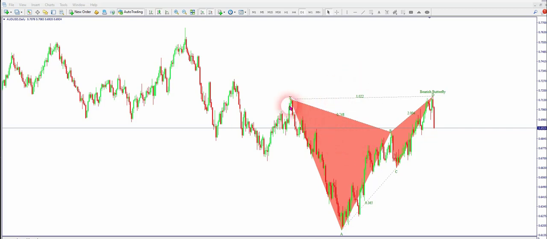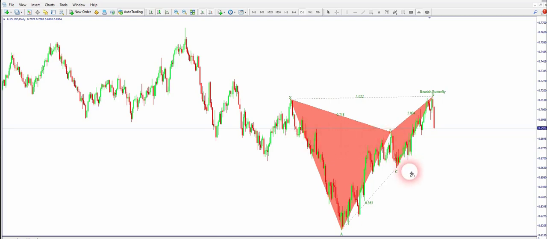Okay, so as you can see, it has made almost a butterfly, but the market sometimes makes a different kind of pattern. I mean, it's very difficult to identify that this is a bearish butterfly pattern. It should have been equal to this triangle here, as you can see at the left side, right?